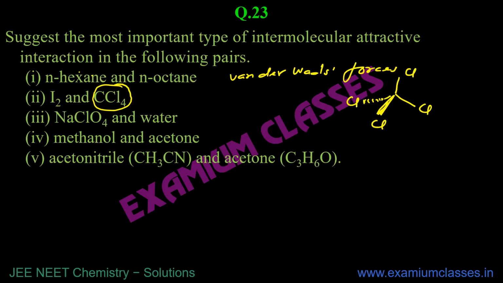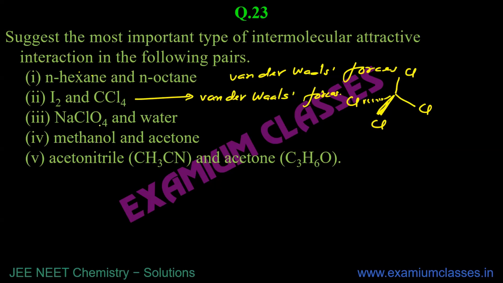So effectively, this is also a non-polar molecule. Within the molecule, bonds are polar, but the polarity is cancelled. So this one is also van der Waals forces, and this is where most of the students make mistakes.